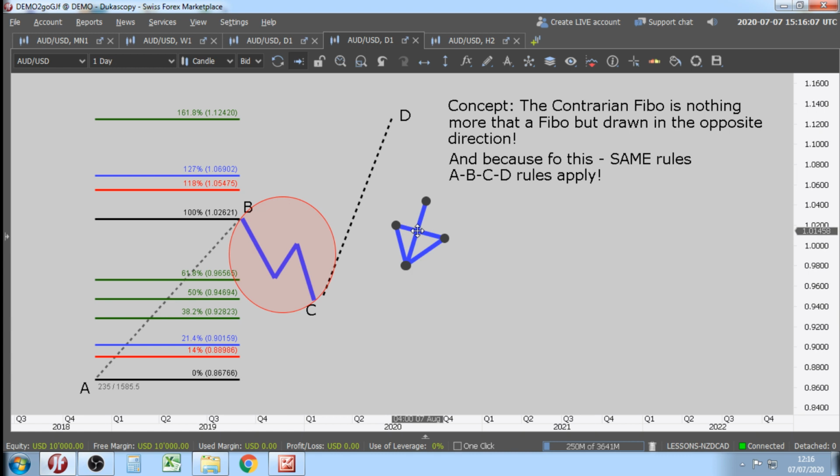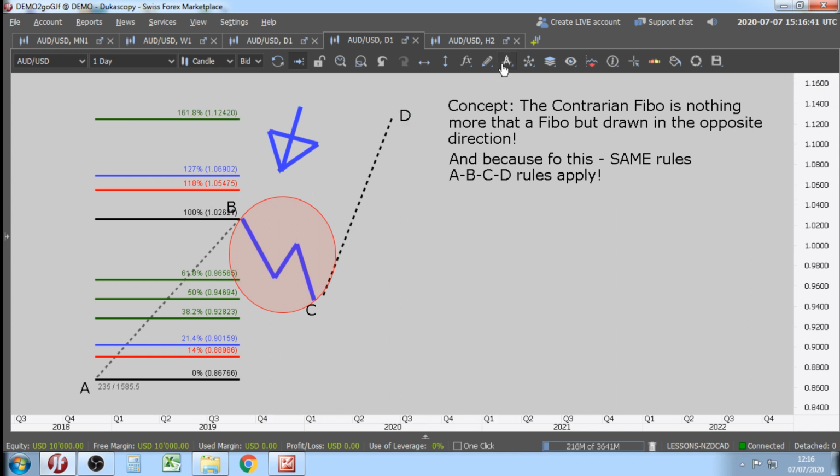Okay, slowly, everybody. If my original Fibonacci is up, then my contrarian Fibonacci is going to be down. And because the same rules apply, I'm going to start drawing my down Fibonacci from the B point, right? Because the same rule applies.